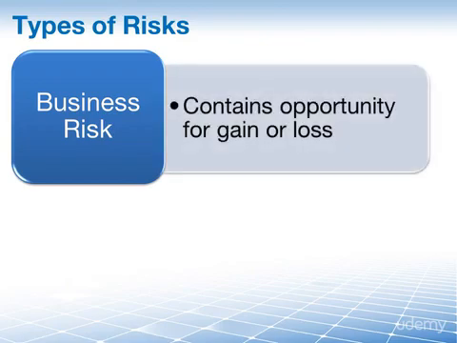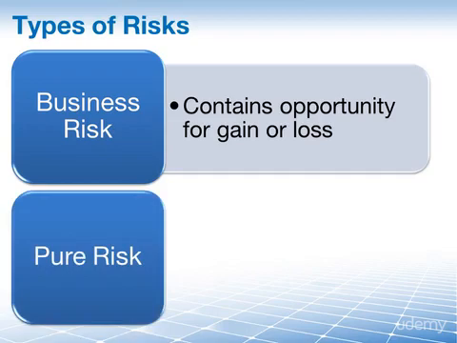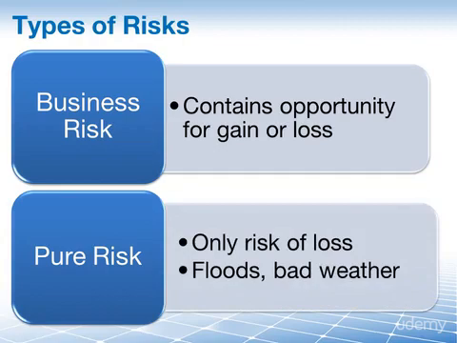In other words, it's those kinds of risks that contain both a threat for financial loss and the opportunity for financial gain. We can, however, categorize a risk as a pure risk if there is only a risk of loss. Examples here are floods, bad weather, fire, criminal activity, things like that. These risks can usually be insured, which is why they are sometimes referred to as insurable risks.